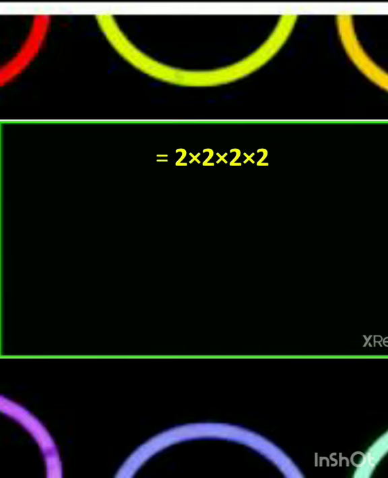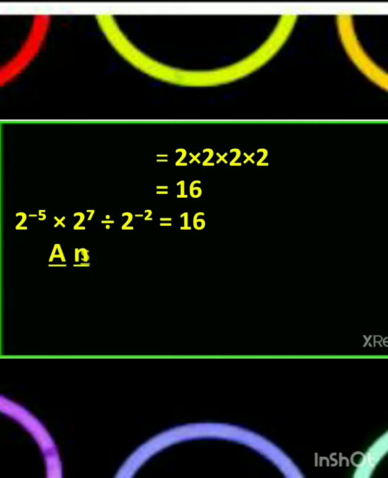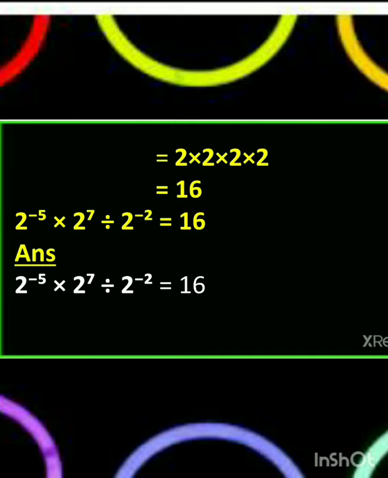So 2 power 4 means 2 multiplied by 4 times, so 2 into 2 into 2 into 2. That is 2 2s are 4, 4 2s are 8 and 8 2s are 16. Therefore, 2 power minus 5 into 2 power 7 divided by 2 power minus 2 equal to 16.